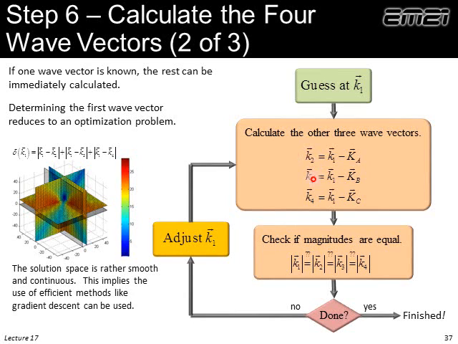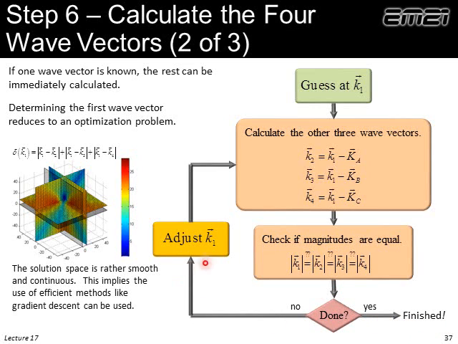And we can calculate the third one, and we can calculate the 4th one. So really, all we need to do is somehow guess at that first one and test it. So we initialize our algorithm, we make a guess, we calculate the other 3 wave vectors, and then we check if the magnitudes are all equal. If they're all equal, there's only one answer here, we're done.